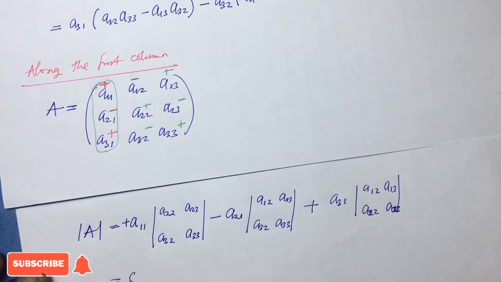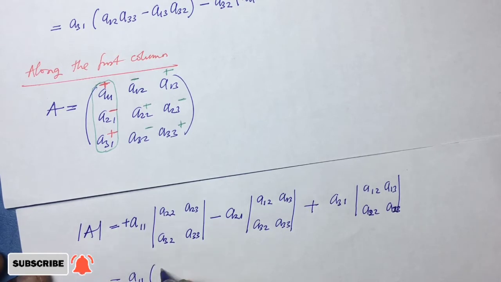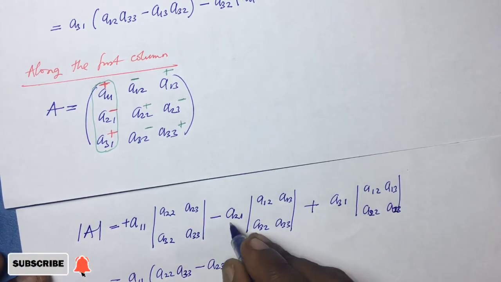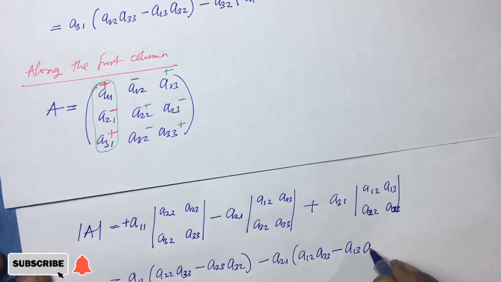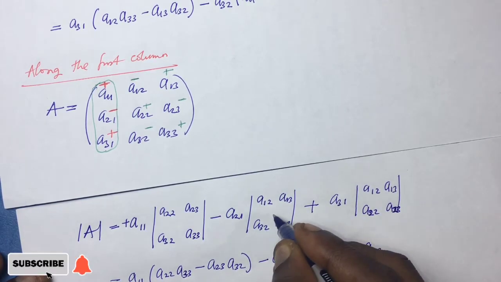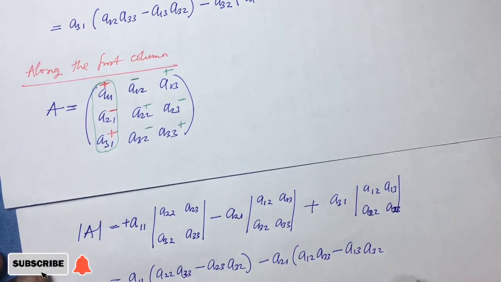So when you simplify, you end up having A11, because it is positive, times A22 times A33, minus A23 times A32. Then minus A21 comes in, A12 times A33 minus A13 times A32, this times this minus this times this.